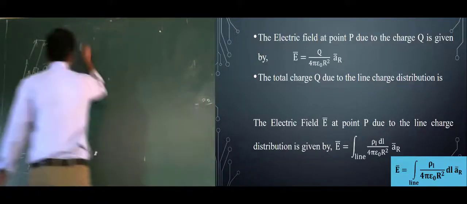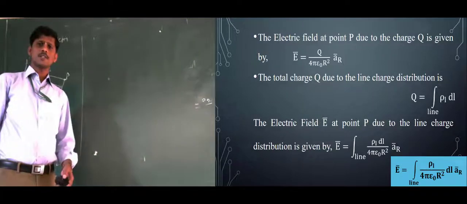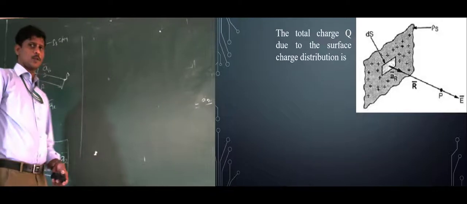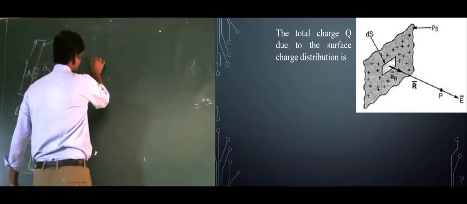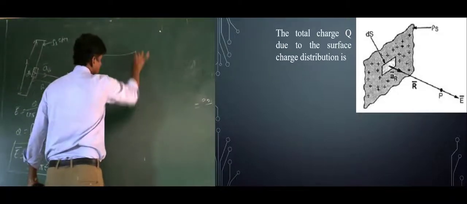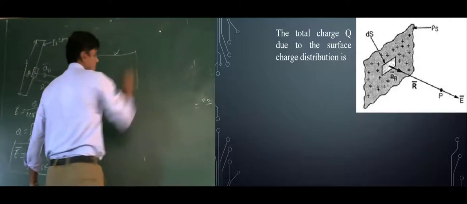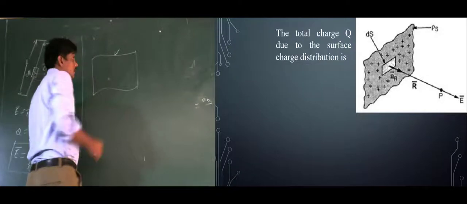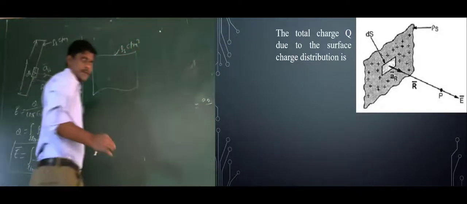Next, let us find the electric field intensity due to surface charge distribution. Consider a surface sheet. This surface sheet carries a positive charge distribution, and the charge density is rho s coulombs per meter square.